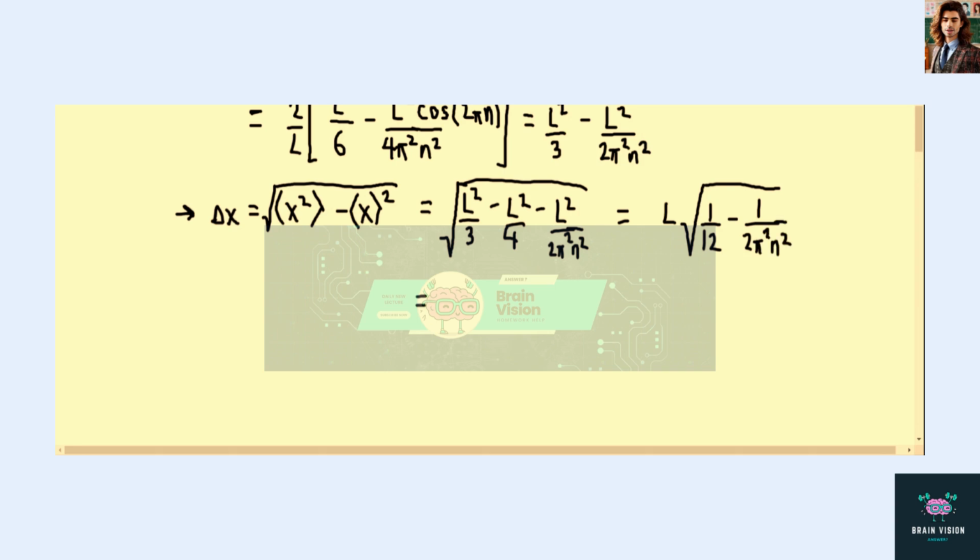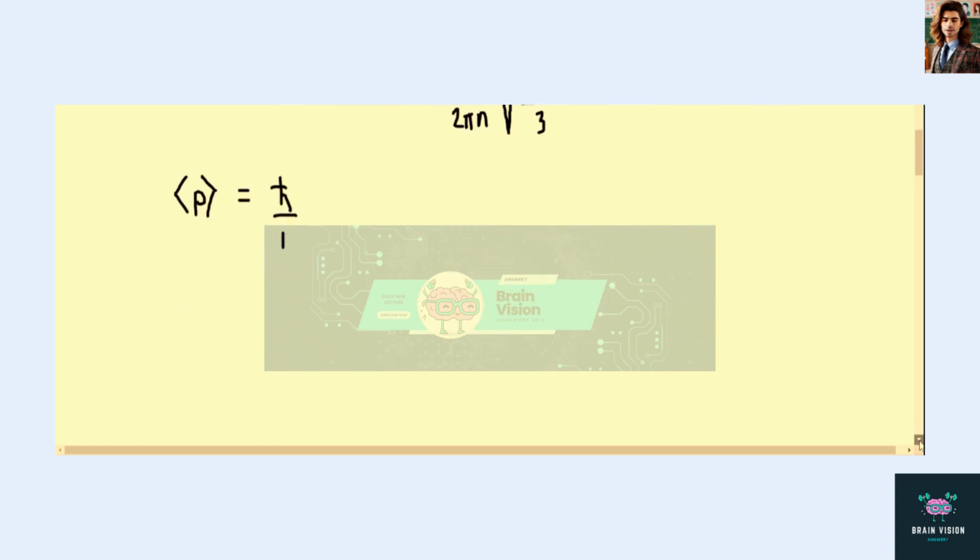And here we see that again, we have n squared in a denominator, and on top of that, in a square root with a minus sign on it. So we can already see that we may run into trouble later. If we pull the n out, we still can have some difficulties later when n is equal to 0. And that's what we're going to be talking about once we have momentum expectation values taken care of. So now let's go ahead and move on to the momentum expectation values.